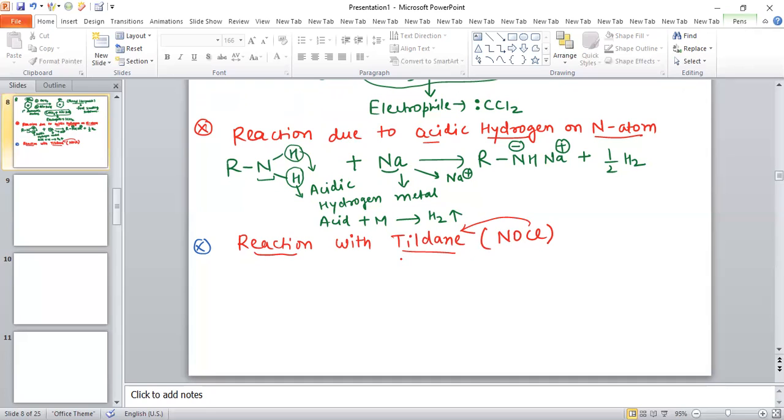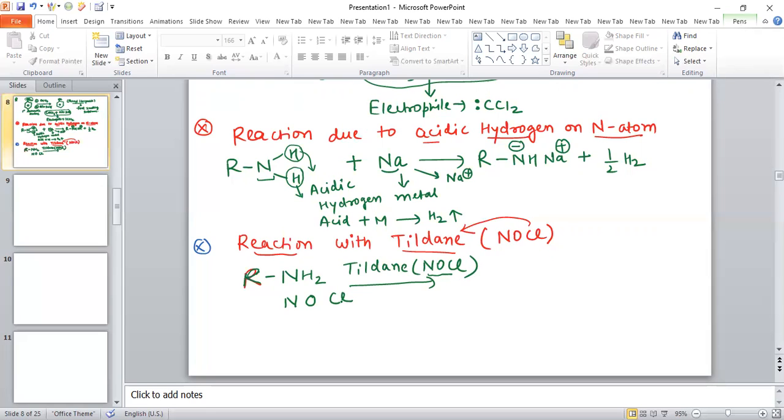Now see how this reaction takes place. Reaction with nitrosyl chloride. If there is an amine like RNH2, and it reacts with nitrosyl chloride, which is basically NOCl, arrange this compound NOCl in this fashion: N is there, oxygen is there, and Cl is there.